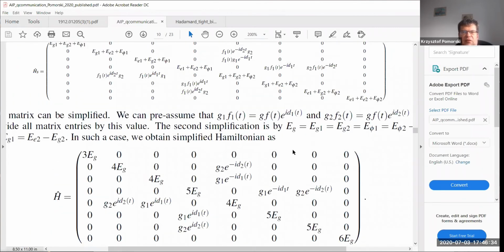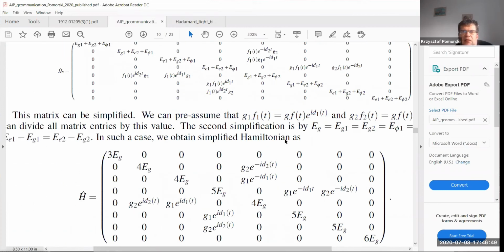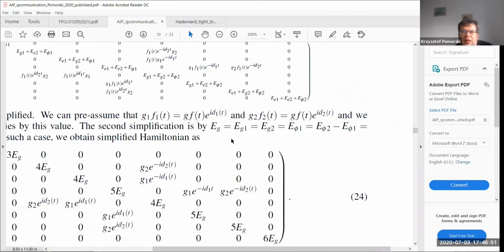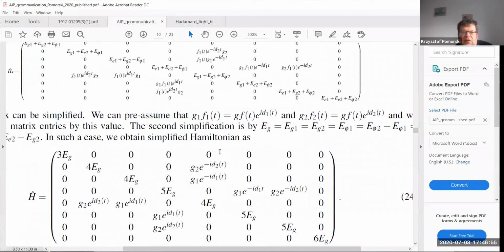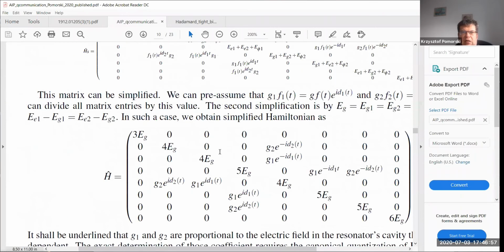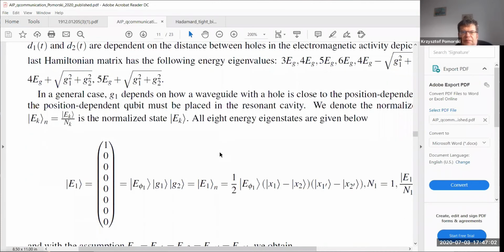So you can make some radical assumptions in this model. If you symmetrize those qubits, and also if you set such a condition as specified here, you can get these analytical states later.